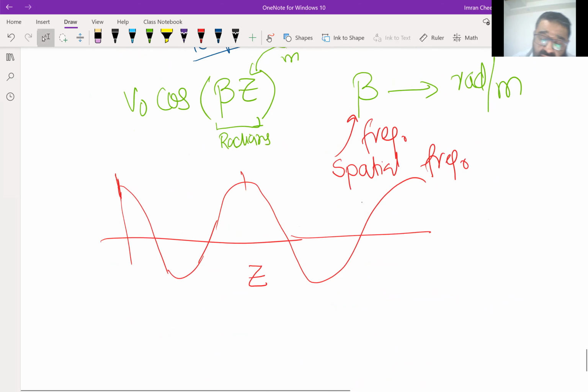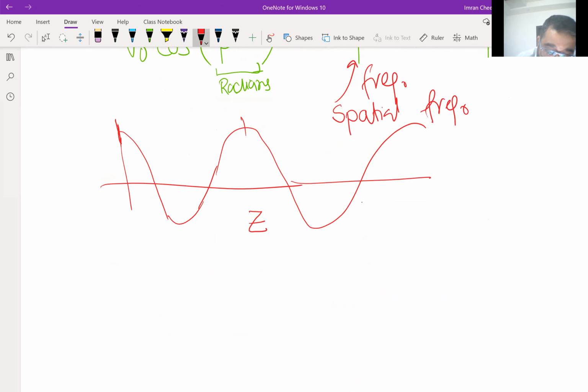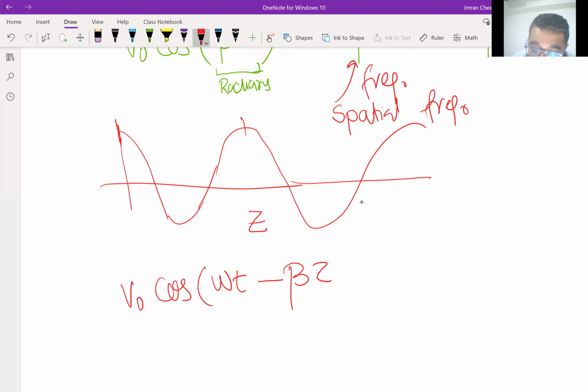Okay? So now if we combine the two, we get our wave cos(omega t minus beta z). This is a wave because this function is changing in time with the temporal frequency omega, and it is also changing in units of distance with the spatial frequency beta.